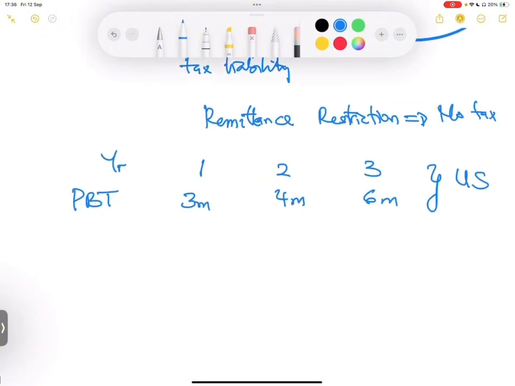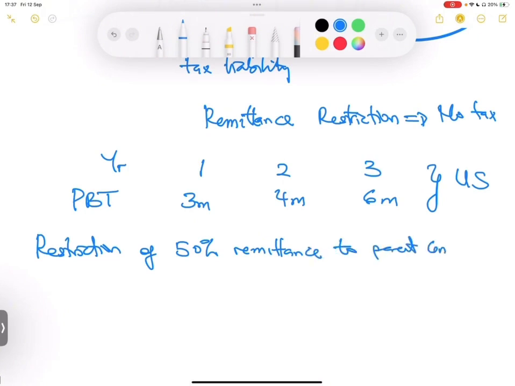So let's say there's a restriction of 50% returns to the parent company. The US tax rate is 15%, right?